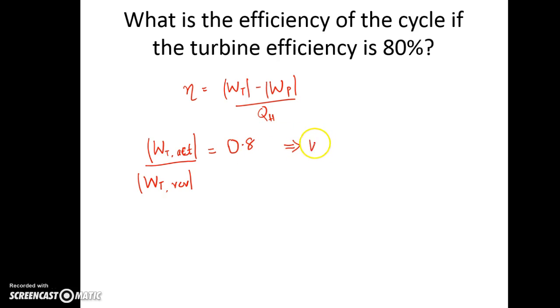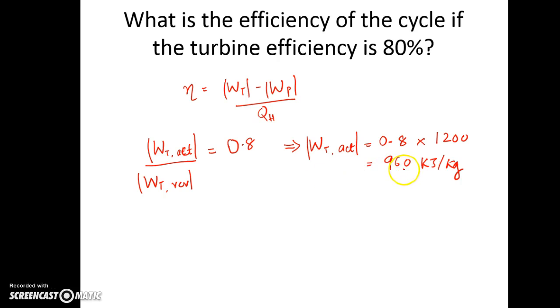So from that, work done by the actual turbine is equal to 0.8 times the reversible turbine, which we computed previously as negative 1200, but since we have absolute values, I'm just going to write down 1200. That's equal to 960 kilojoules per kilogram. So it makes sense that work done by actual turbine is less than the work done by reversible turbine.